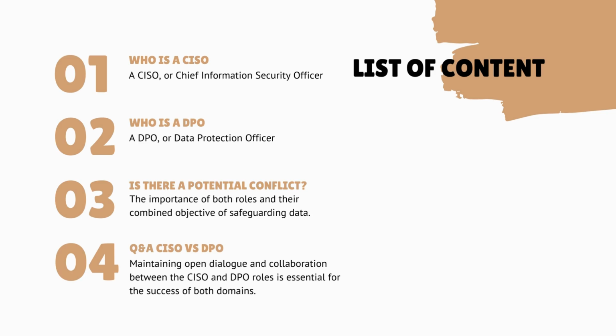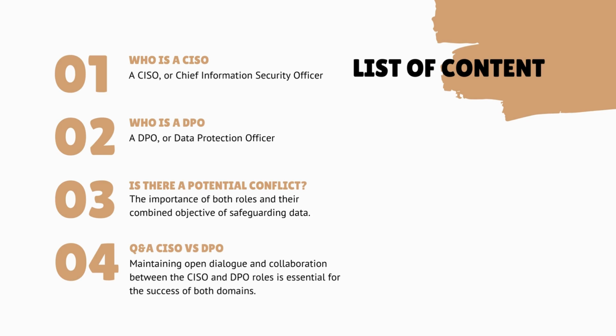So this is the list of content I'm going to talk about. The first one is, who is a CISO, the Chief Information Security Officer. And next, who is a DPO, the Data Protection Officer. The next one is, is there a potential conflict?